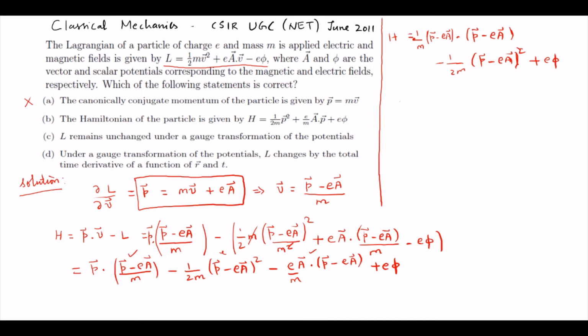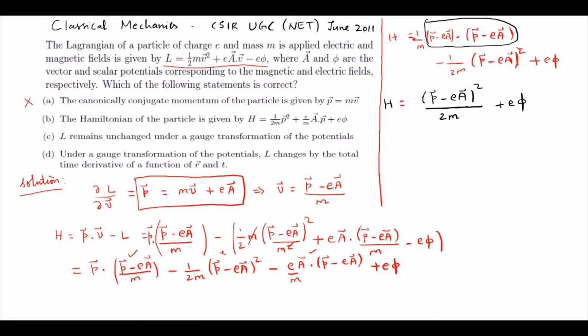When you combine, the first and third terms give (p vector minus eA)²/m. The only difference between the first and second term is that the first contains 1 and the second contains half. So if you subtract these two, you get (p vector minus eA)²/(2m) plus e φ. So this is the Hamiltonian.